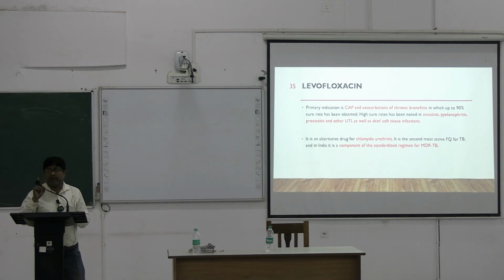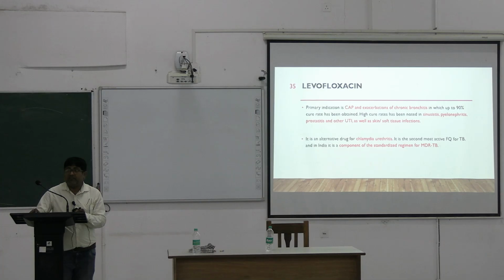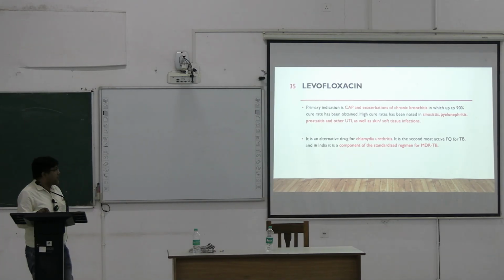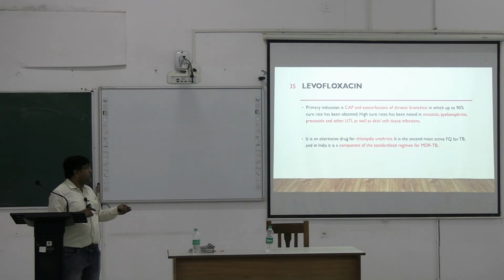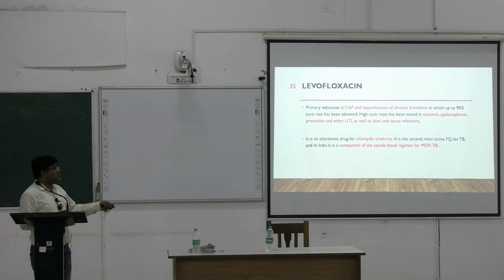The most active fluoroquinolone against Mycobacterium tuberculosis is moxifloxacin, and the second is levofloxacin. So it is the second most active fluoroquinolone for tuberculosis, and in India it is a component of the standardized regimen in multi-drug resistant tuberculosis.